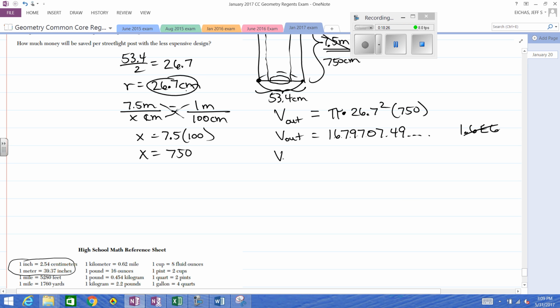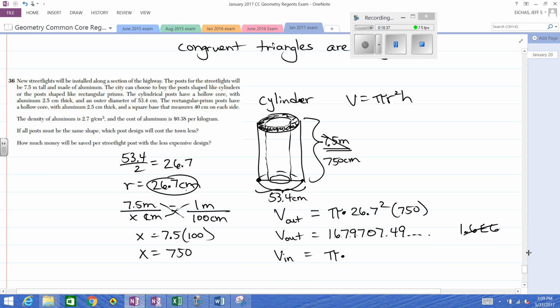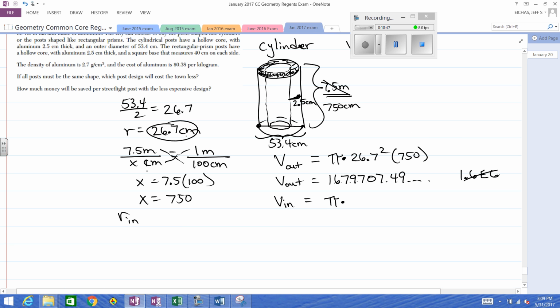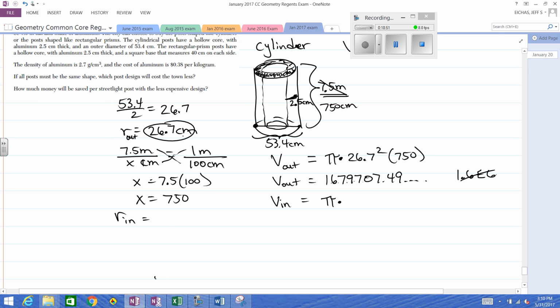Now, the volume of the smaller, the inside part, is pi times, oh yeah, that's the part I didn't talk about. So if the thickness of this is 2.5 centimeters, this is the radius for the outside, the radius for the inside is going to take away that, so 24.2 centimeters.